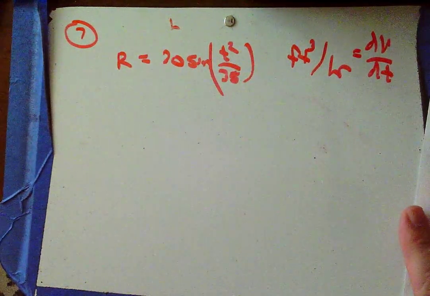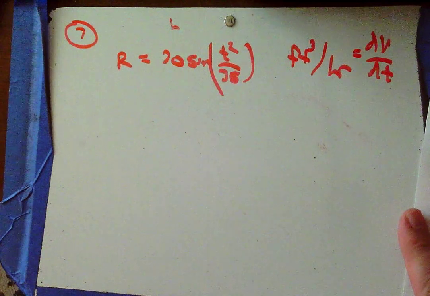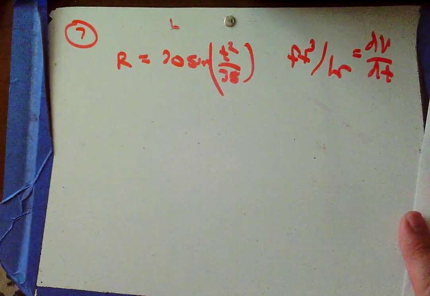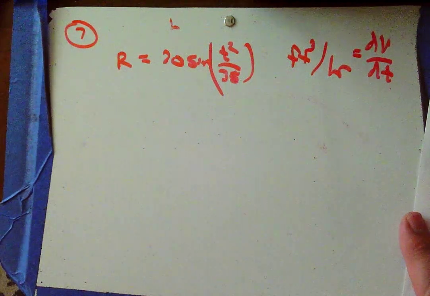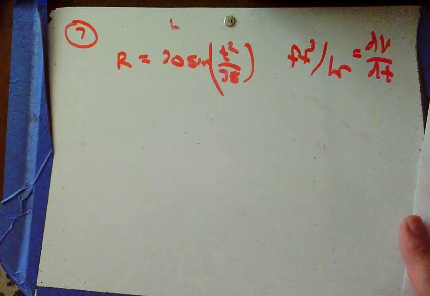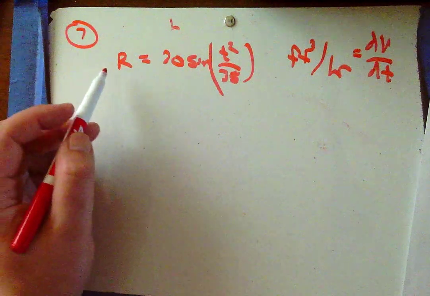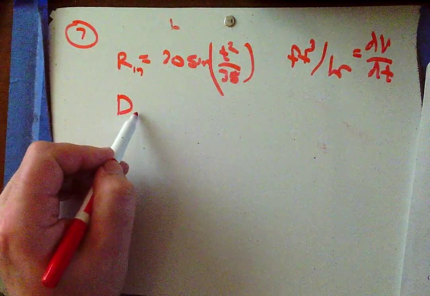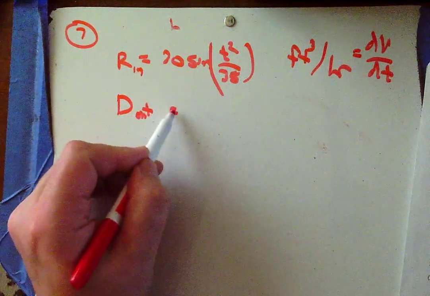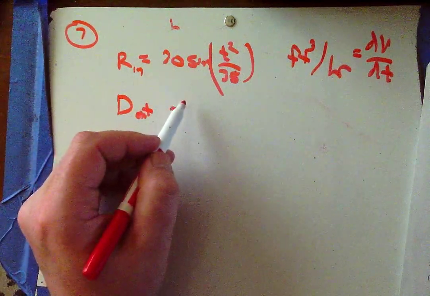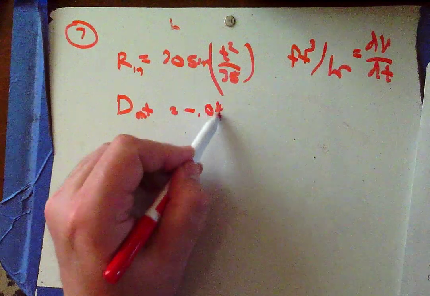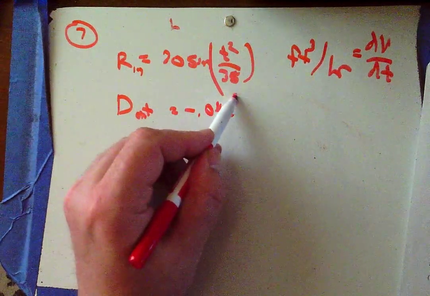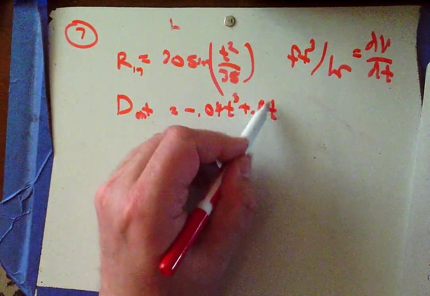So what do we want here? In part A, look, D, 0 to 8, partially blocked, and the water drains out. Oh, so this is rate in, and D is rate out, given by this other function, negative 0.04 t cubed plus 0.4 t squared.